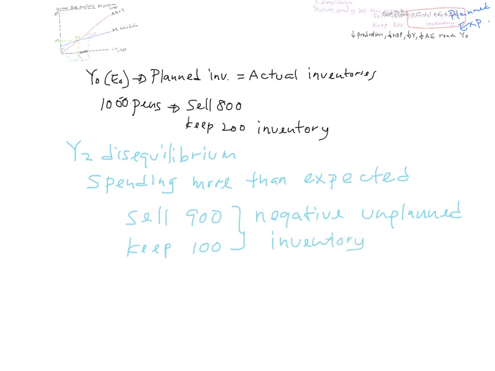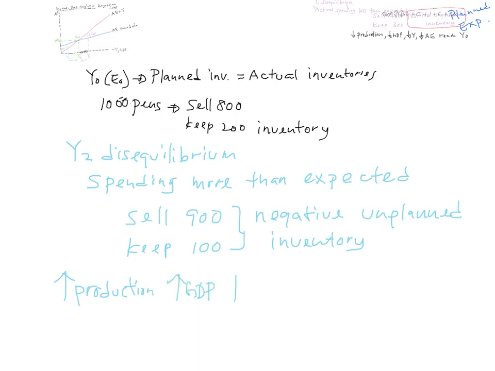Okay. So what will happen here is you go and check how many pens you have in your warehouse and you find I have less than I thought. So what will you do next year? You will increase your production. Which essentially means you are increasing your GDP.